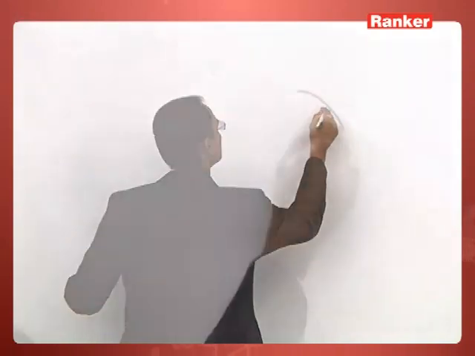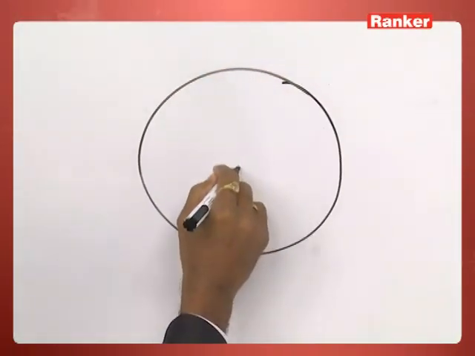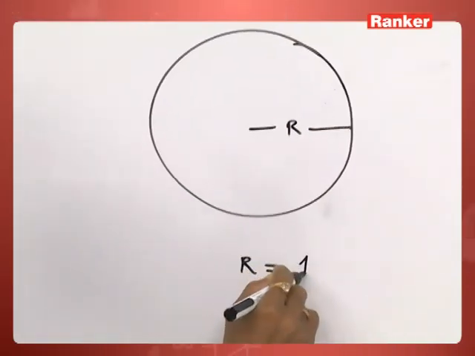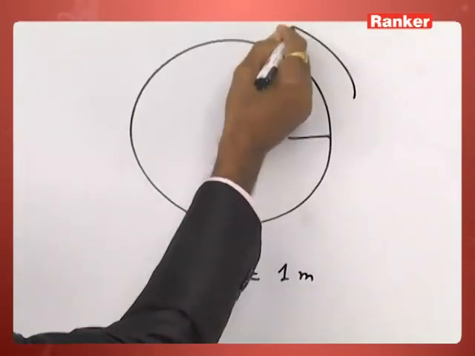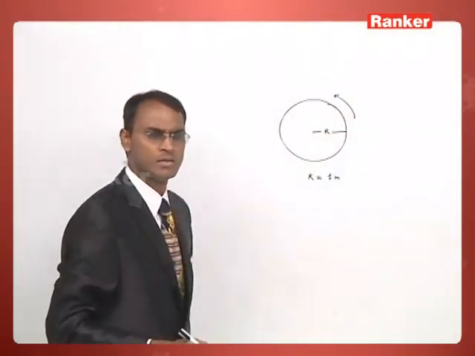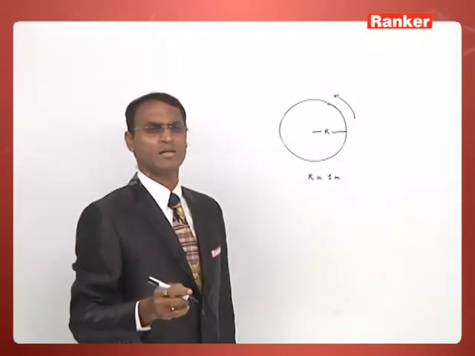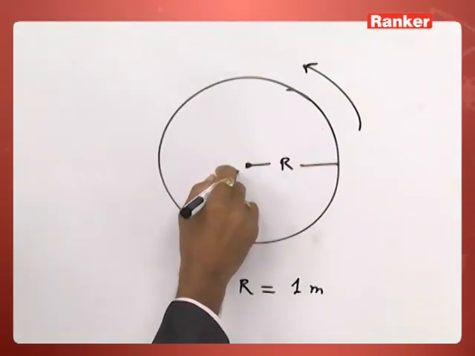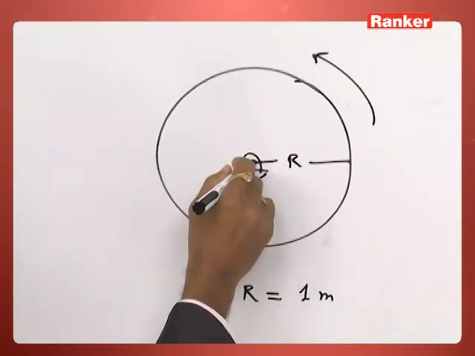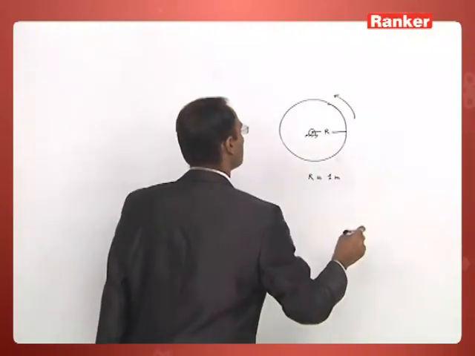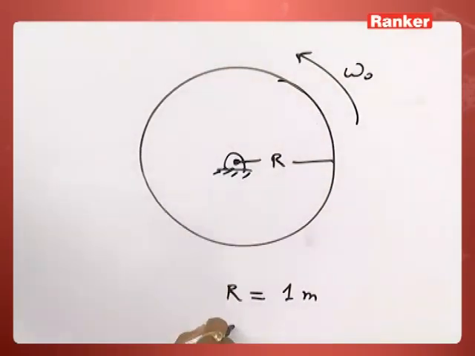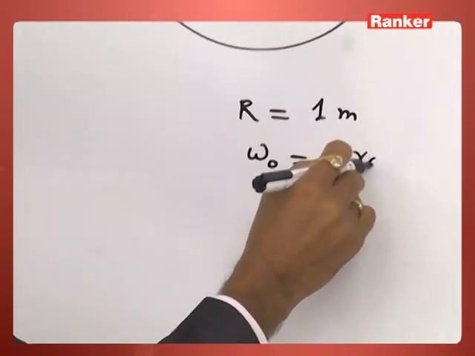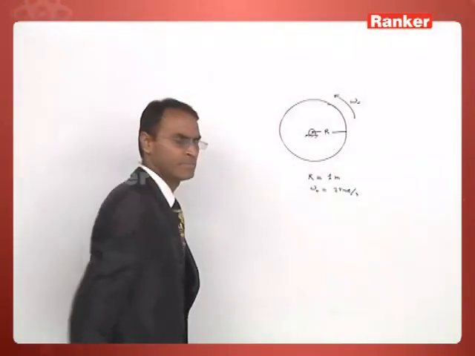Let us take another example. The example is this disk of radius r equal to say 1 meter, spins. Another name of rotation is spinning. It spins about its center of mass with an initial angular velocity omega naught. Suppose it is 2 radian per second.